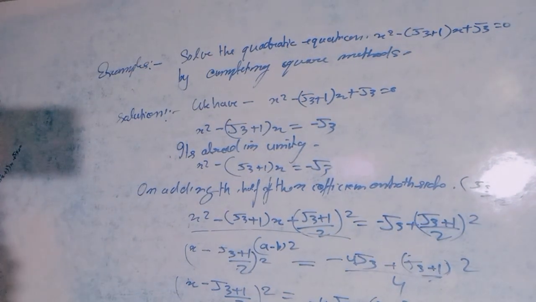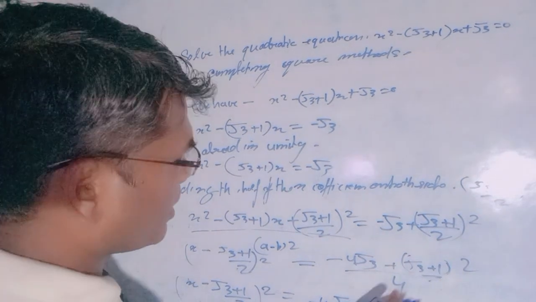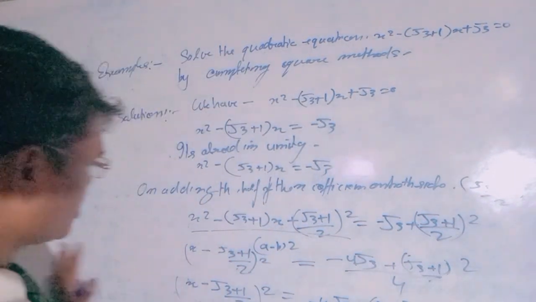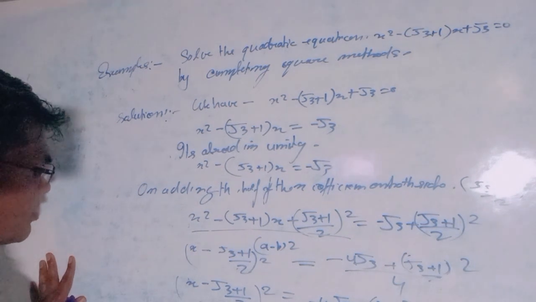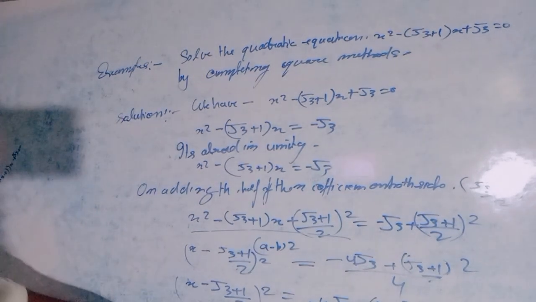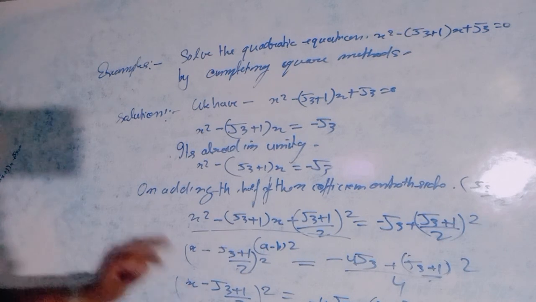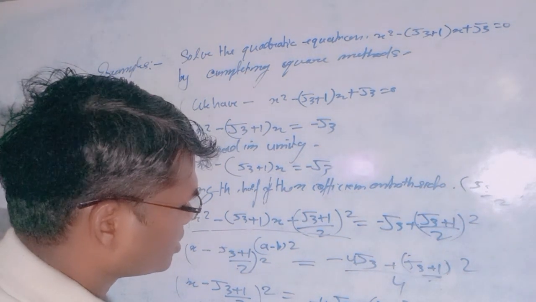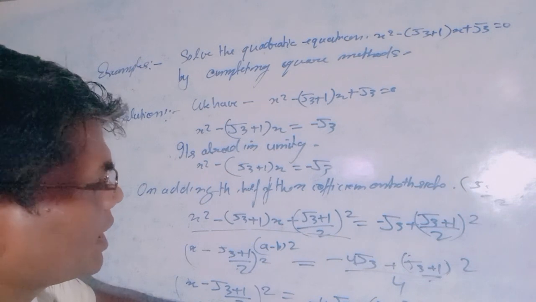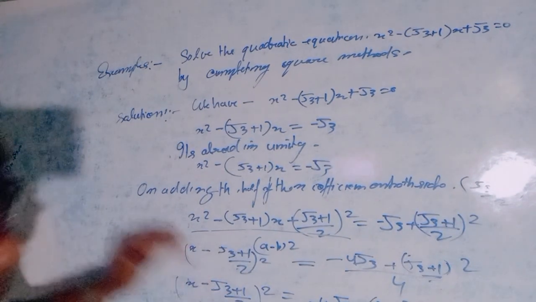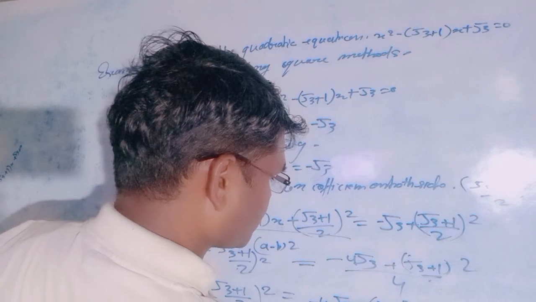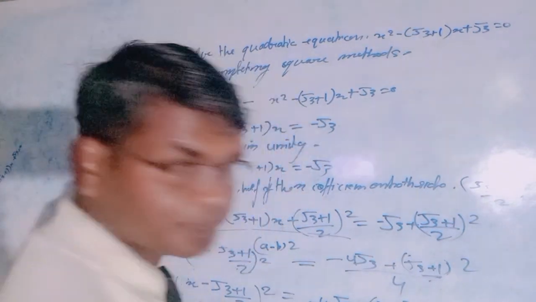Understood? Now again, we solve this equation. x minus (root 3 plus 1) by 2 whole square is equal to (root 3 whole square minus 2 root 3 plus 1) by 4. Got it?